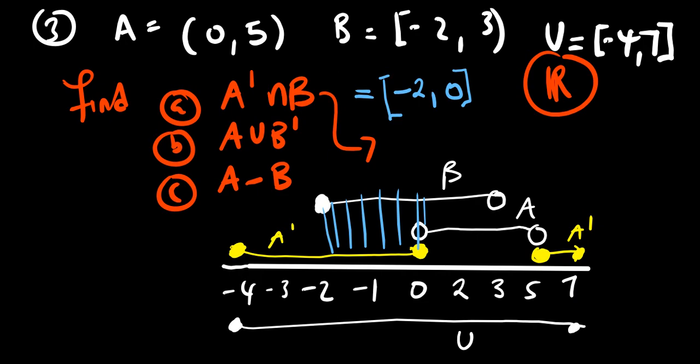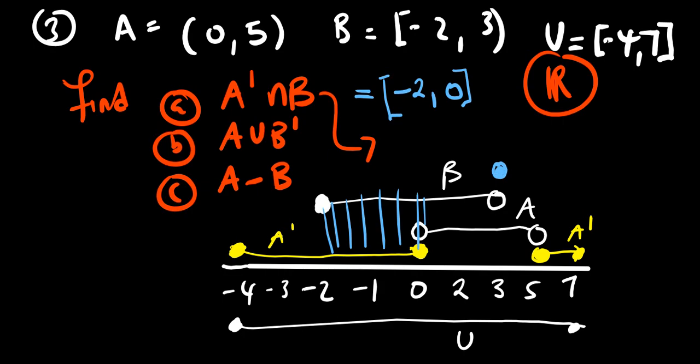Then the next question is A union B complement. Okay, so you want to combine A with B complement. Let me just add B complement on our Venn diagram. So if we have our B and this is our B complement, if 3 is not in B, meaning it will be in B complement, right?